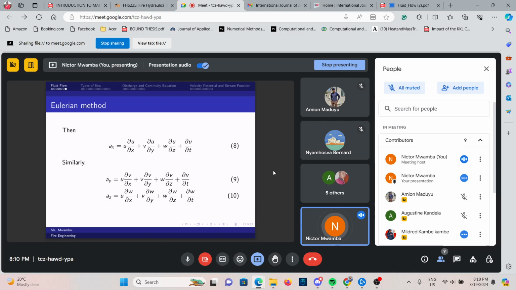So for those who haven't paid yet, please pay as soon as possible so that as I give out the quiz, everyone is moving at the same time. If you lag behind, that's how you don't want to be. Move with everyone. That way things will be better for you. So for now, I can give you the notes through WhatsApp. But when it comes to the quiz, there's no other way of giving you the quiz apart from the Moodle.